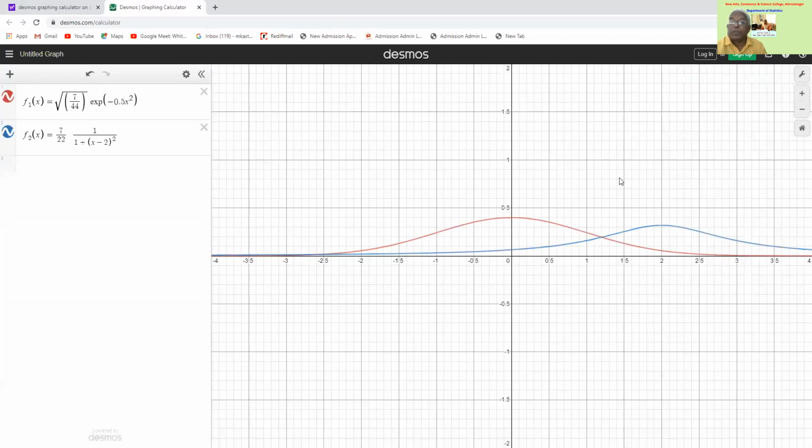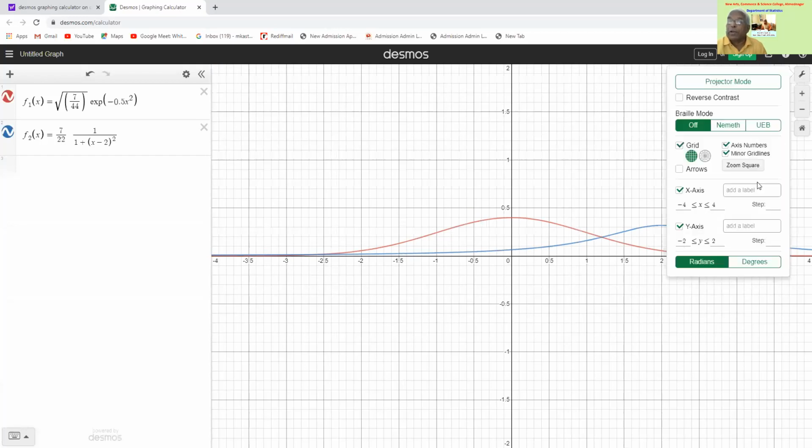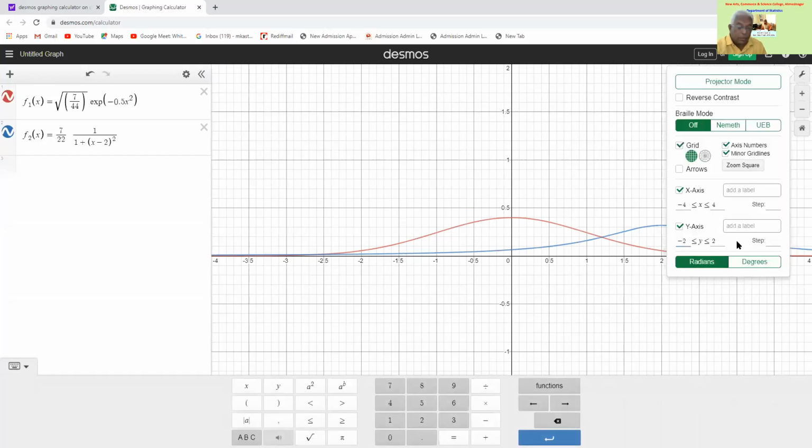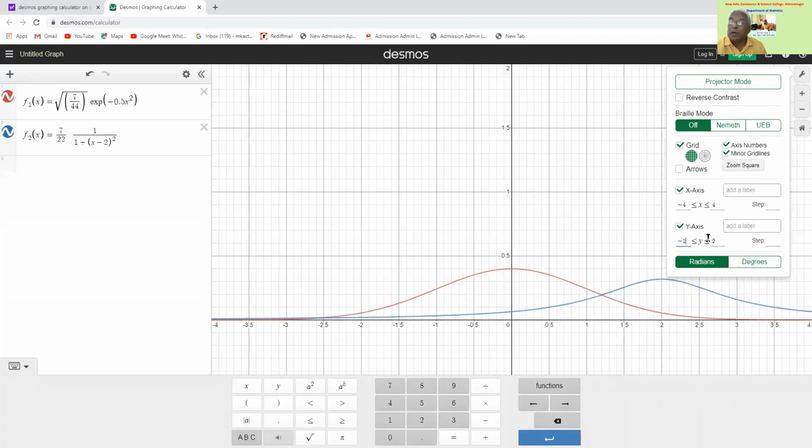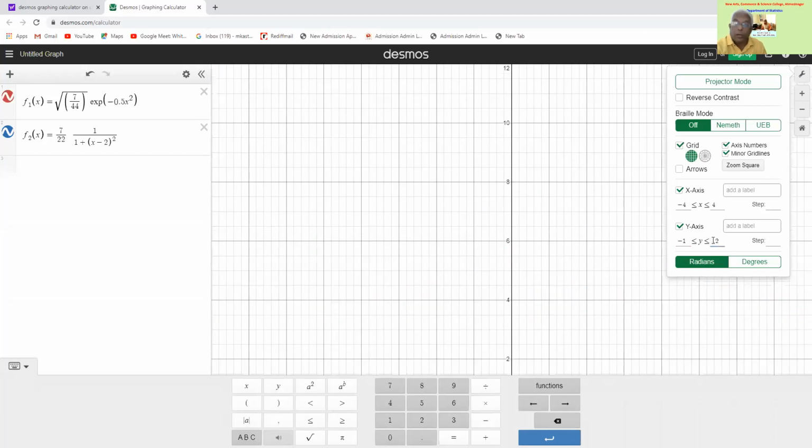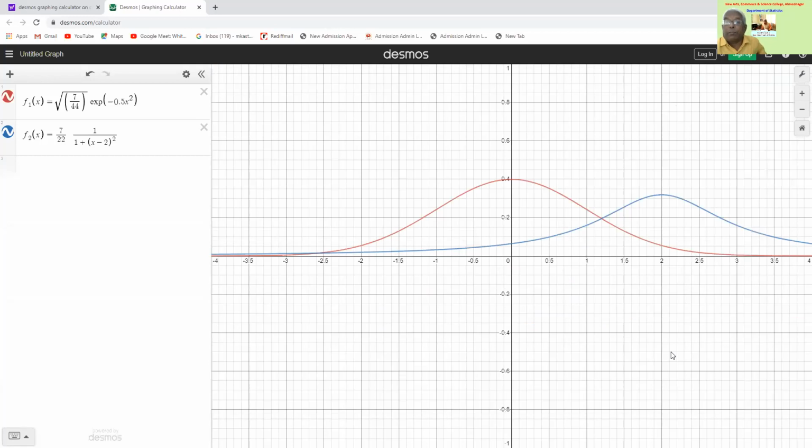So one is the normal density, another one is a Cauchy density.